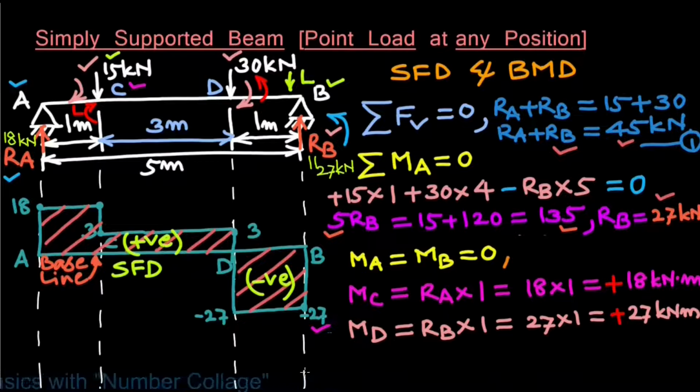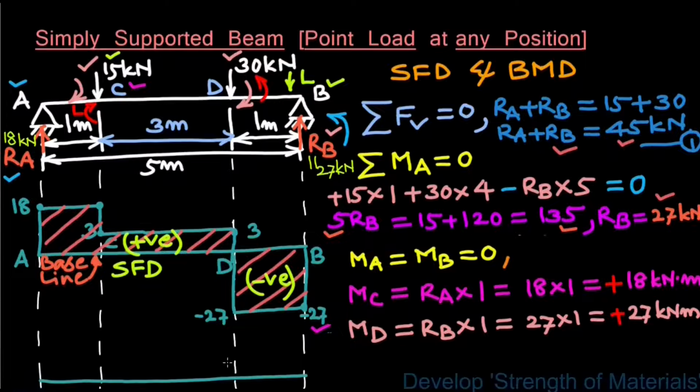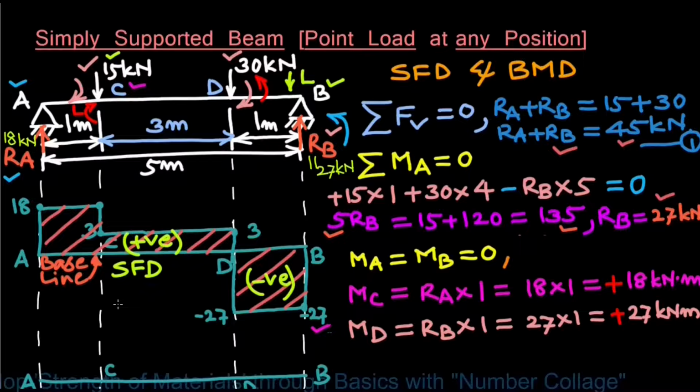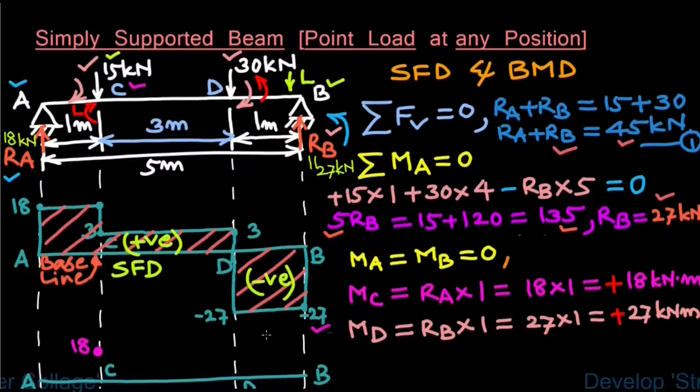Now we will draw the bending moment diagram. For that, first let us draw the baseline A, B, C and D. Next we will plot MC, which is, say here, 18 kilonewton meter. Then MD, which is 27, say here 27 kilonewton meter.